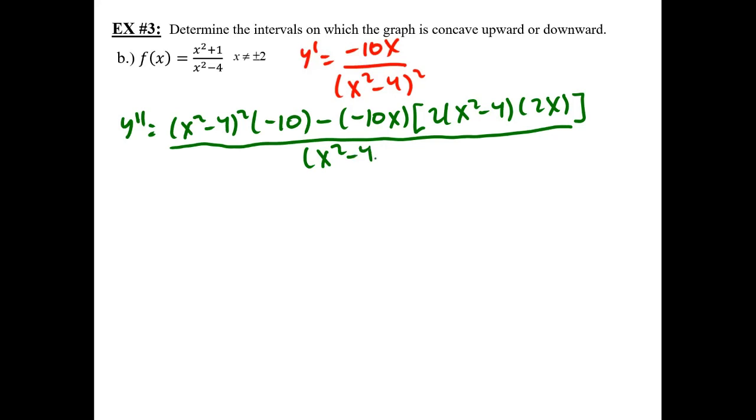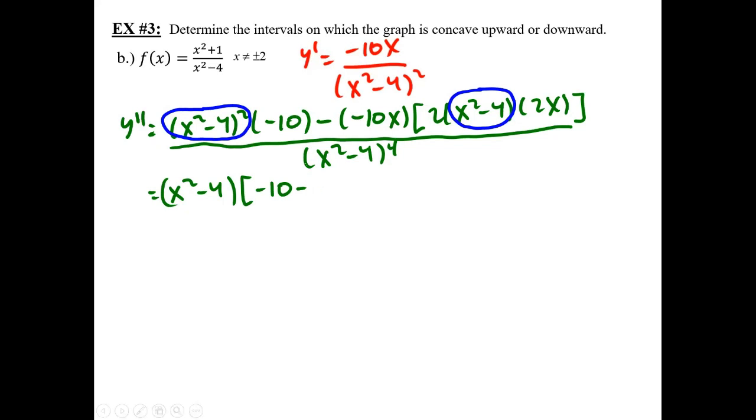low x squared minus 4 raised to 4 na siya is equal to, so as you can see na meron tayong x squared minus 4 dito sa both terms natin sa numerator. So we'll have to factor that out. x squared minus 4 times, we have negative 10, I'm sorry, negative 10 times x squared minus 4 kasi may natira pang isa, plus kasi negative times negative.